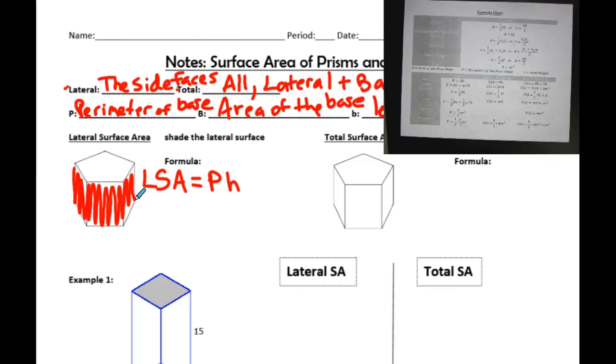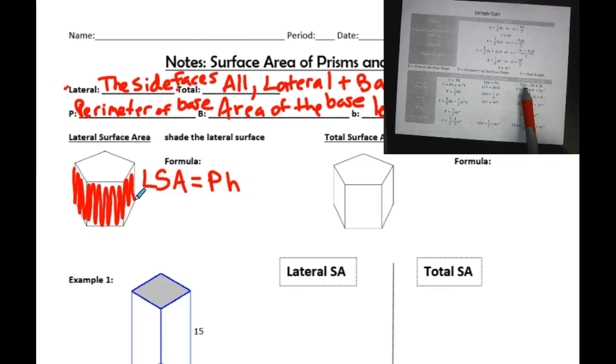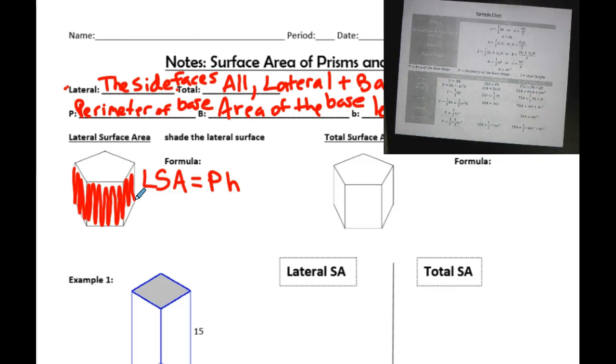No big deal. Now, what is the total surface area? On your formula chart, prism TSA equals PH plus 2 big B. Let's write that down.